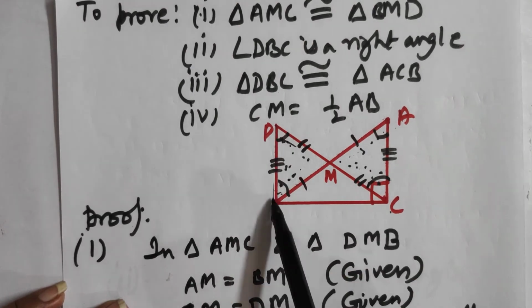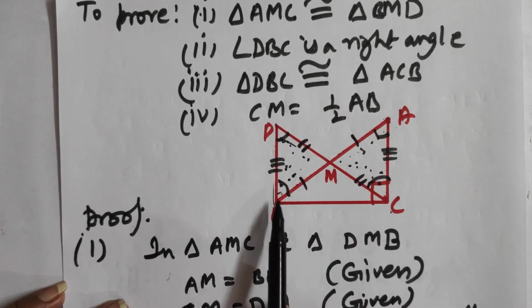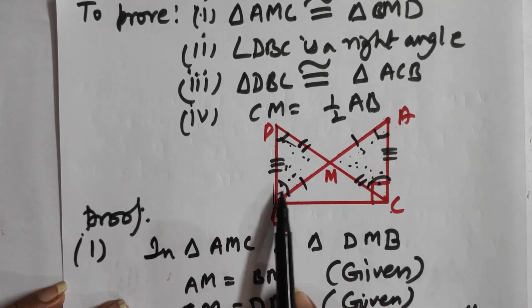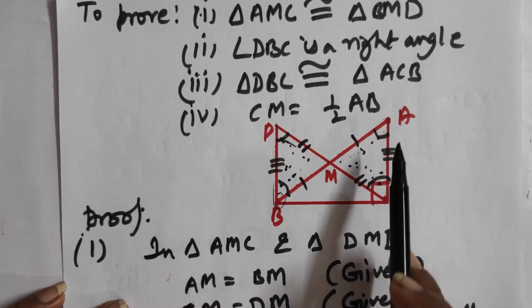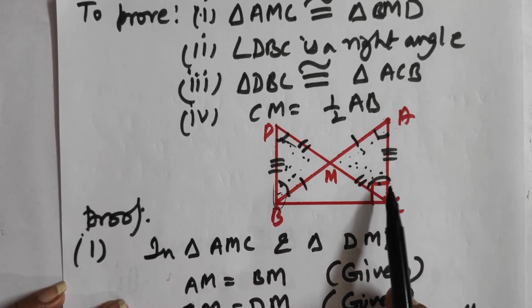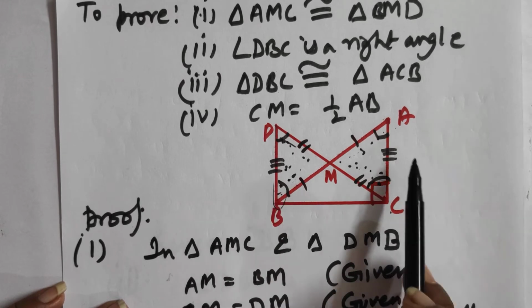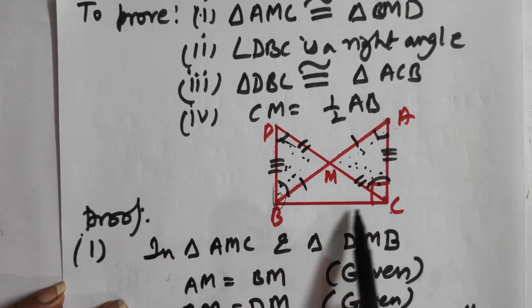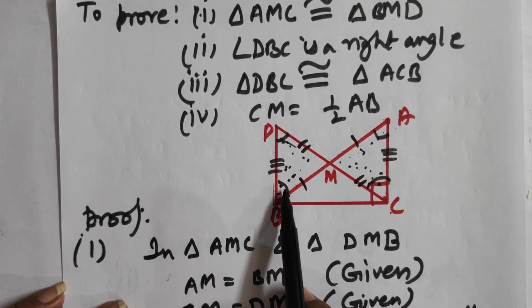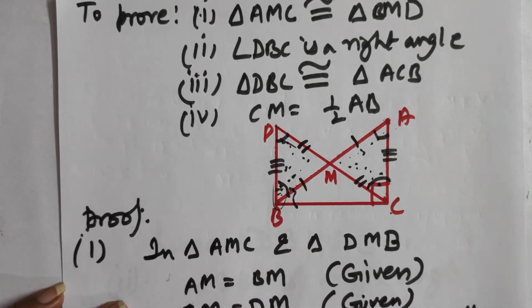DB is parallel to AC. It means these two angles, angle DBC and angle ACB, are co-interior angles. Yes.